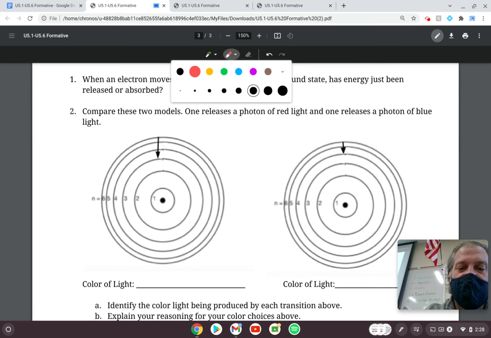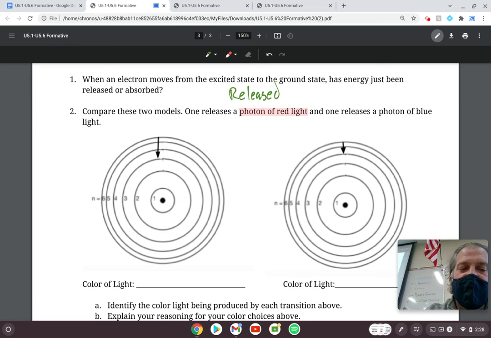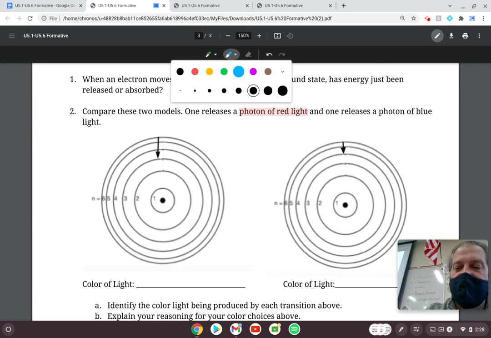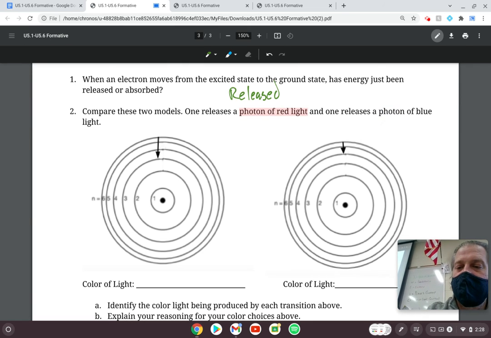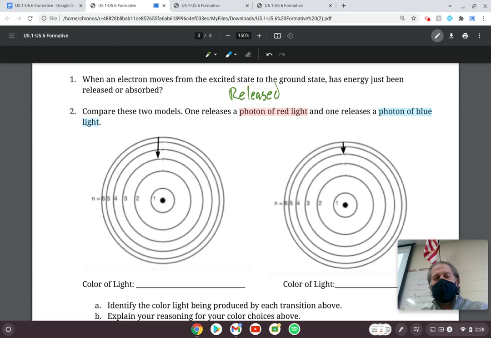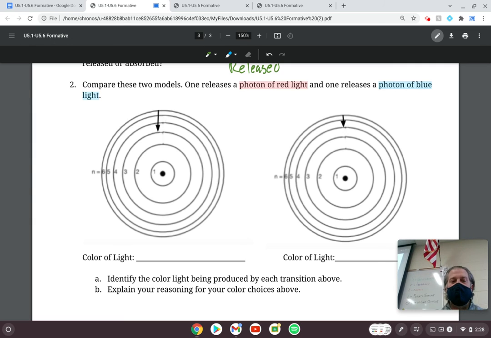Comparing the two models below, we have a photon of red light and a photon of blue light. Looking at the diagrams, we have to figure out which one is which.